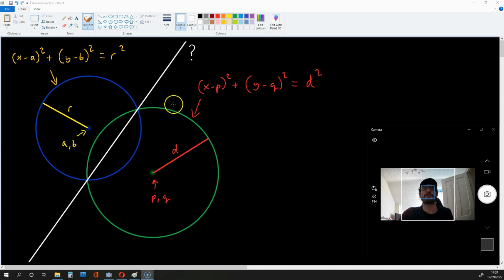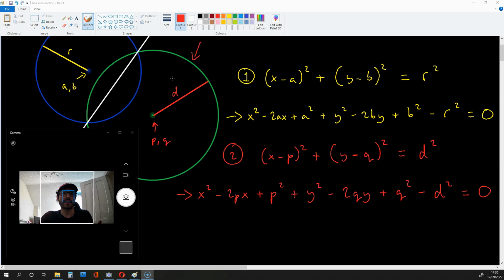Okay, so from here, what we can do is create an equation out of this, and another equation out of this, and these two new equations are going to help us get the equation of this line.